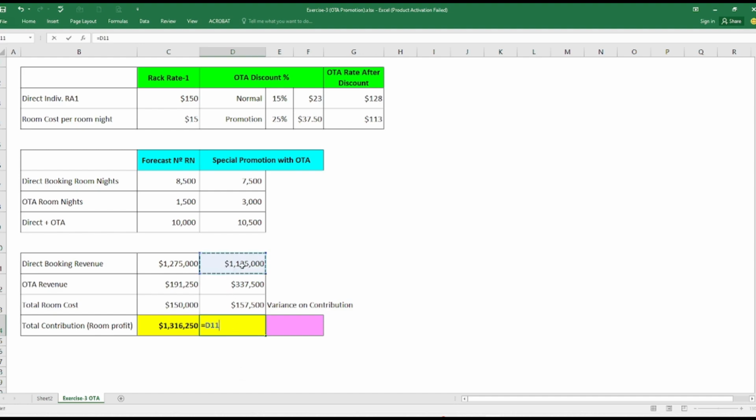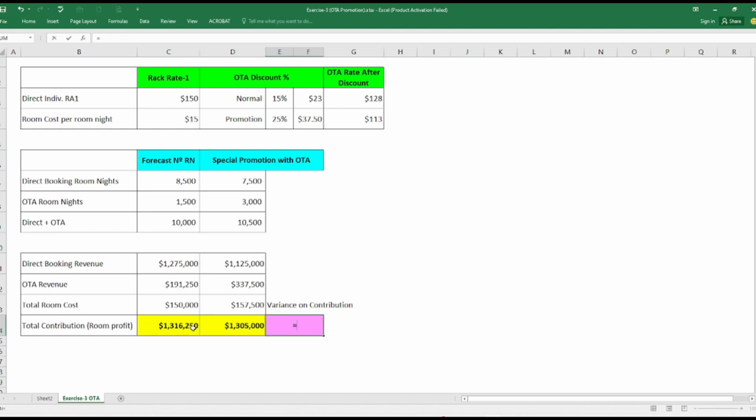We take the direct booking revenue plus the revenue from the OTA with the special promotion of 3,000 room nights, minus room cost. So it becomes 1,305,000. So what is the difference?